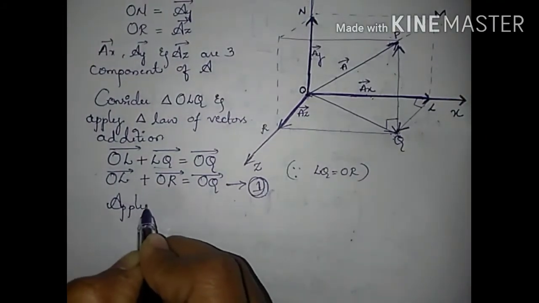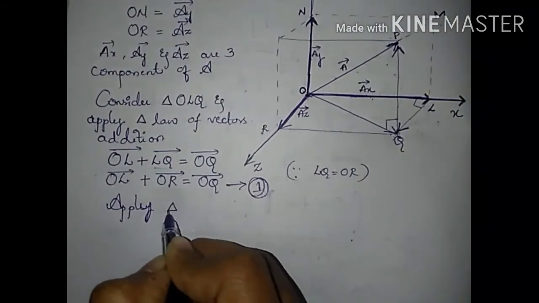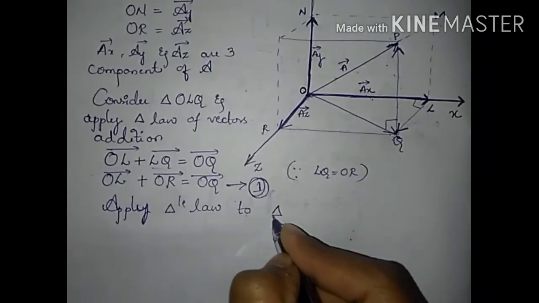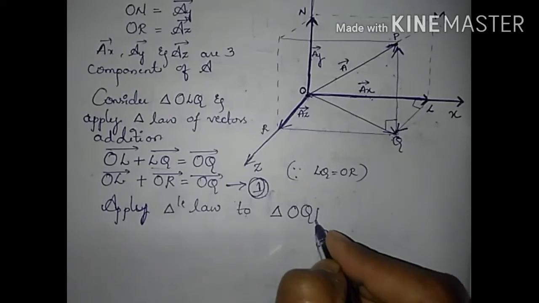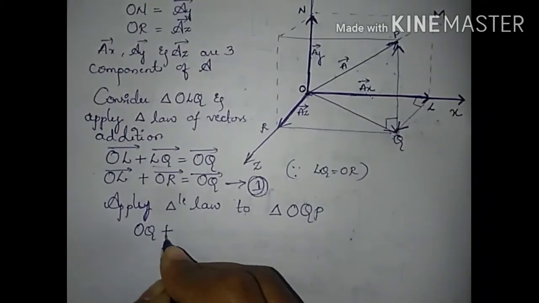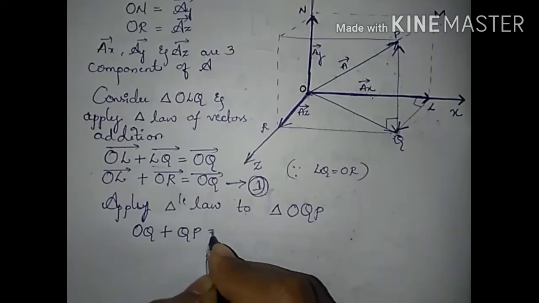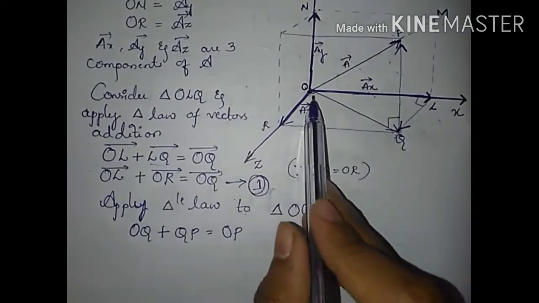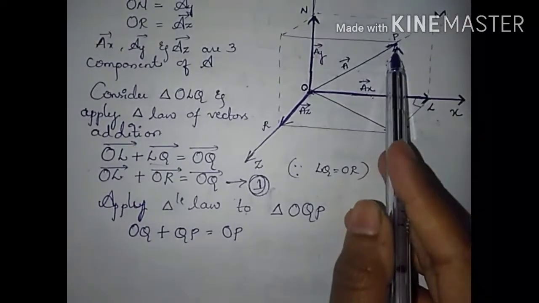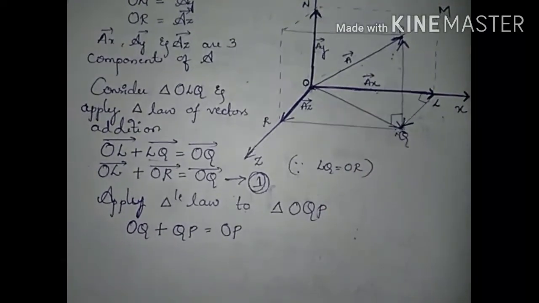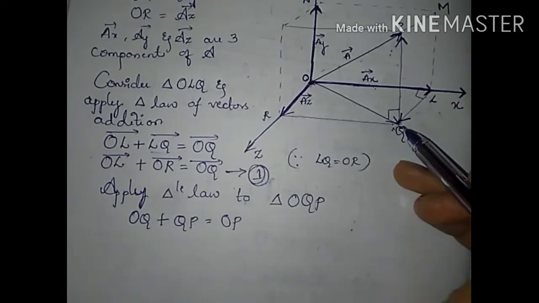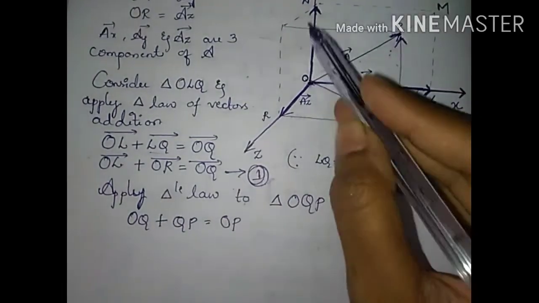Apply triangle law to triangle OQP. From that you can write OQ plus QP is equal to OP. Right? But from the diagram we know that QP is equal to ON.